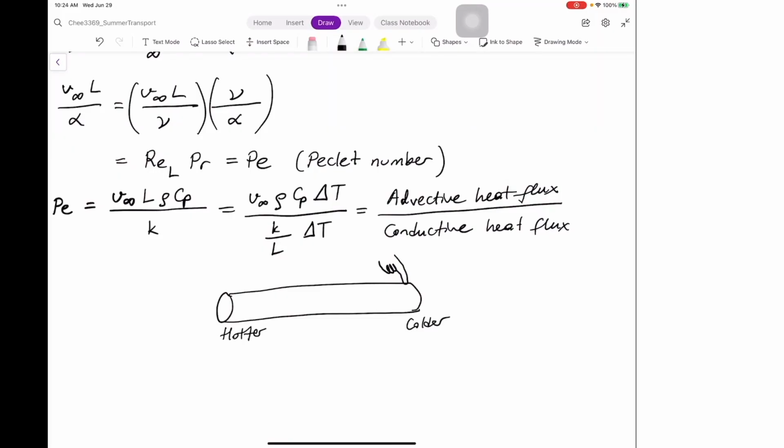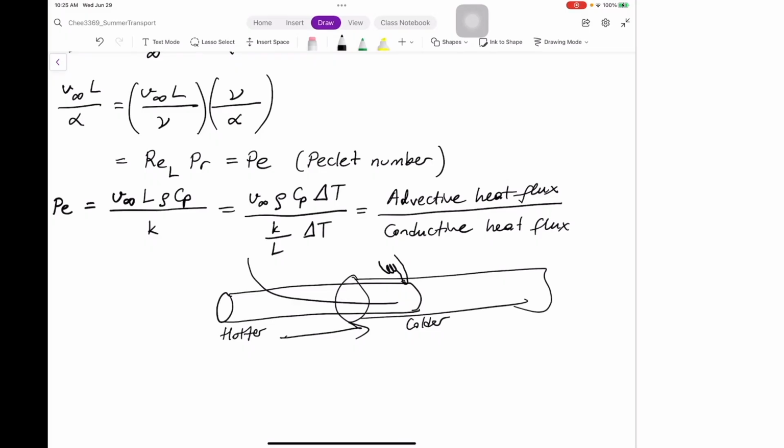Imagine your temperature profile is something like this, right? And if I actually push this object to the right, and you just don't move your finger, then as time goes, you're gonna feel this part of the object instead.